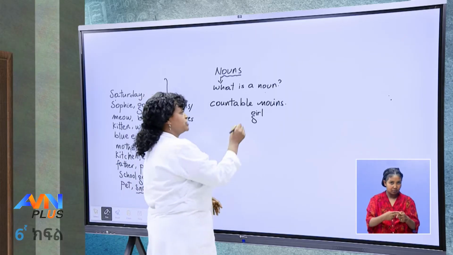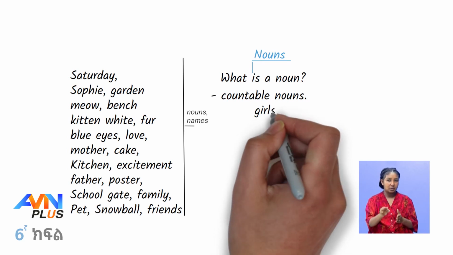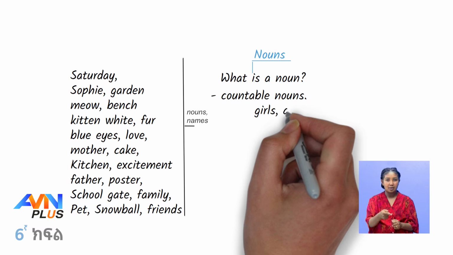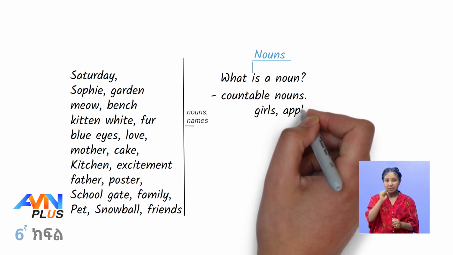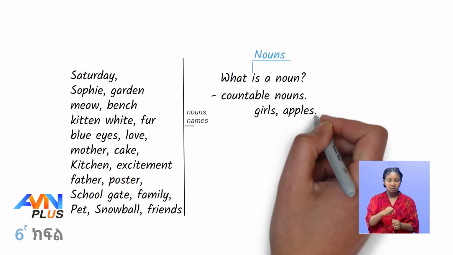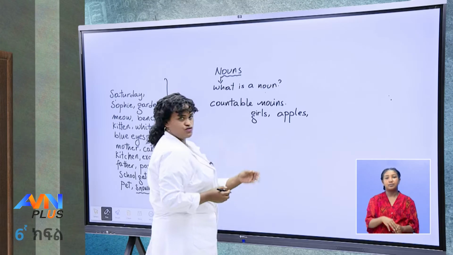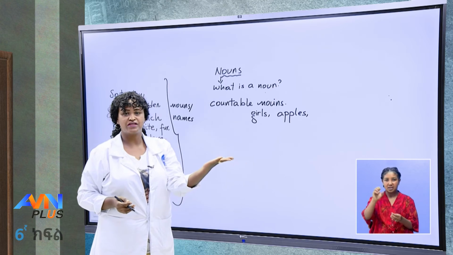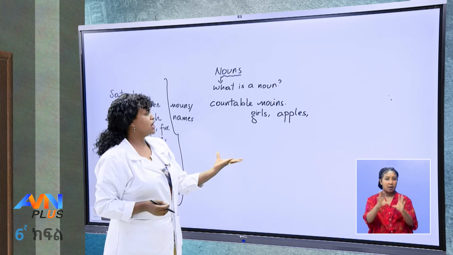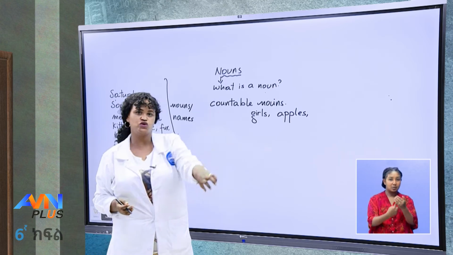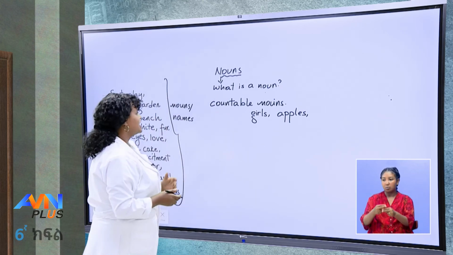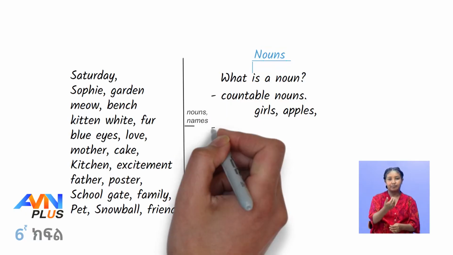Yes? But it is countable. Girls. Yes? Or you can say apples. Apple is a proper noun, right? Yeah. Apples. We add s. We can make them plural. So those nouns that you make singular and plural are called countable nouns. What else? We also have uncountable nouns.